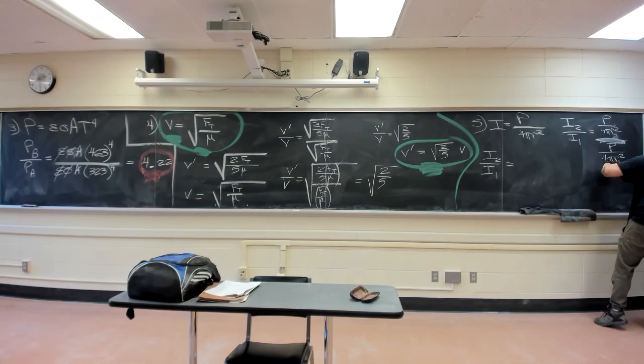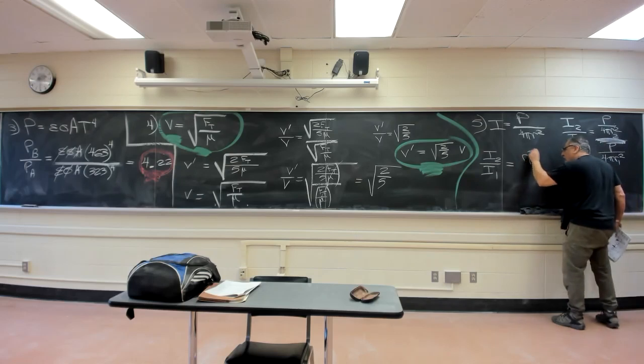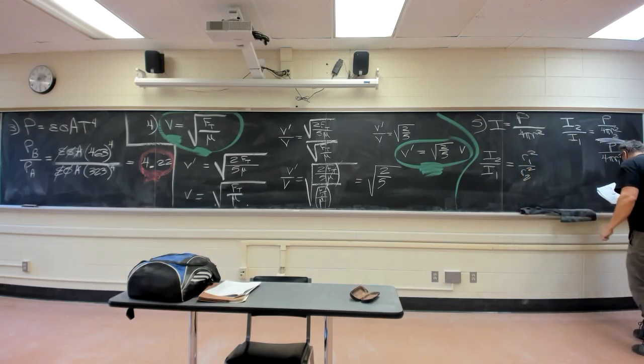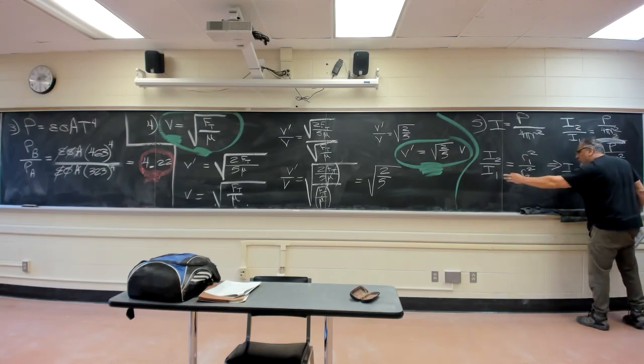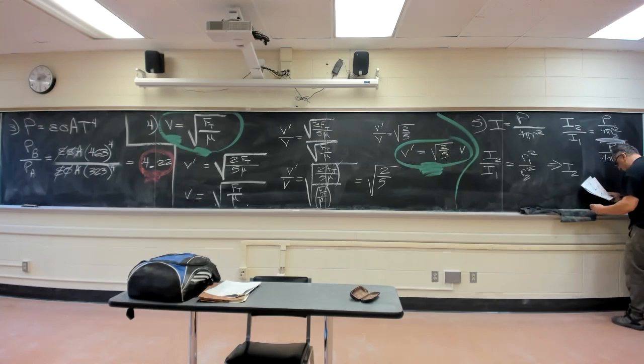The 4 pi r sub 1 squared flips up. The 4 pi's cancel, and the r sub 1 squared is here and the r sub 2 squared is here. What does that mean? Well, if I want to find what I sub 2 is, I can multiply by I sub 1 on each side.